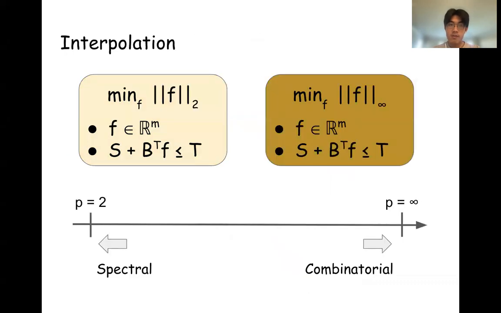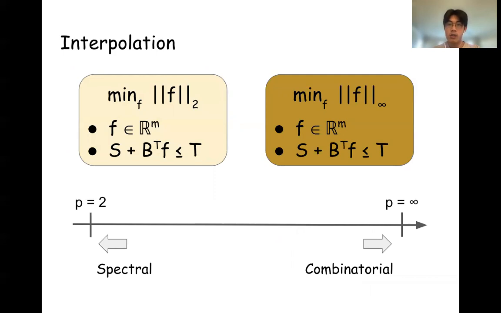An advantage of this model is that it acts as an interpolation between the spectral diffusion processes and combinatorial diffusion processes.